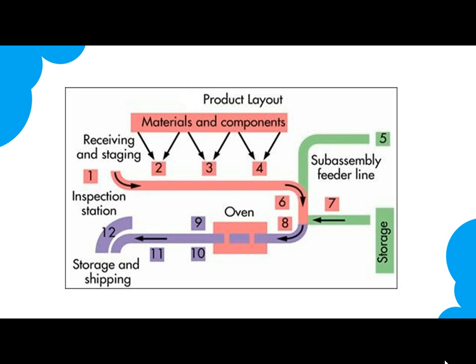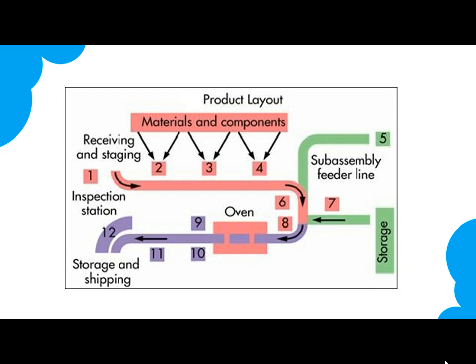Now, here is another typical example of product layout. We can see three important sections colored in pink, violet, and green. There are various workstations like the receiving and storage department, the inspection section, and materials and components undergo workstations 2, 3, and 4.